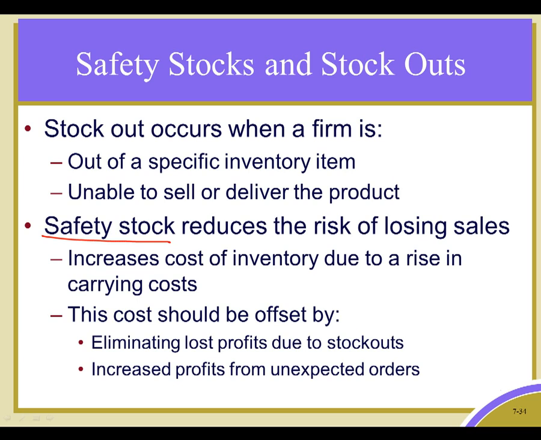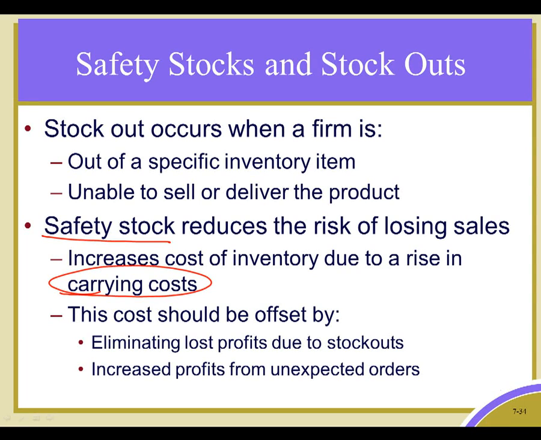So a safety stock is additional inventory that you don't expect to sell but is there just in case you have unusually high purchases at some point, and unusually high level of sales. Now this increases the cost of the inventory because of the carrying costs. You've got to carry this safety stock even though you don't expect to sell it at any given point in time.